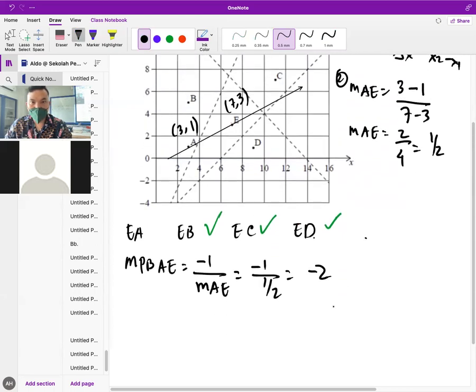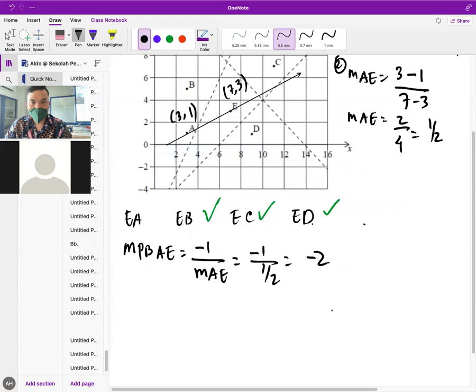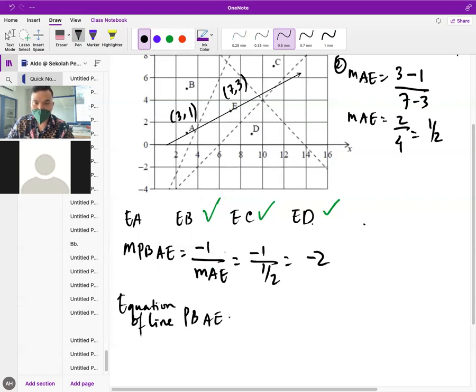And then after that, the equation of the line. The equation of the perpendicular bisector of AE is y minus ym equals M perpendicular bisector AE times x minus xm.